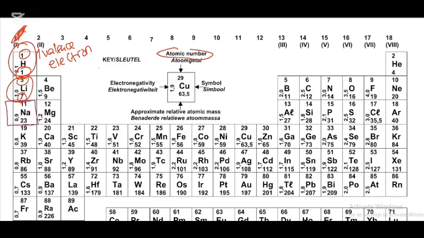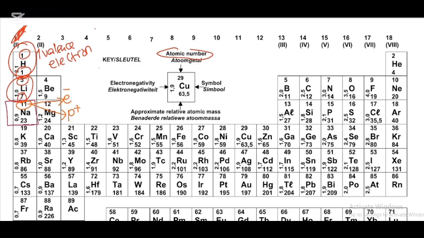So now let's draw the atomic structure of sodium, Na, sodium, right? We can see here that sodium has 11, which is our atomic number. Remember, this 11 is equal to the number of electrons, which is also equal to the number of protons, right?